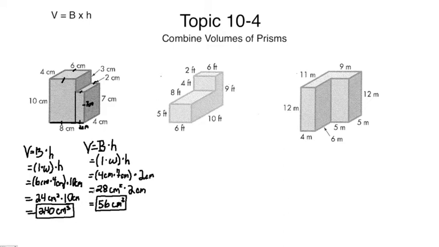Now I have to take both of these. I don't have a lot of room, so I'm going to go up here. 240 centimeters cubed plus the first rectangular prism of 56 centimeters cubed, and add them. 0 plus 6 is 6, 5 plus 4 is 9, and 2 plus nothing is 2.